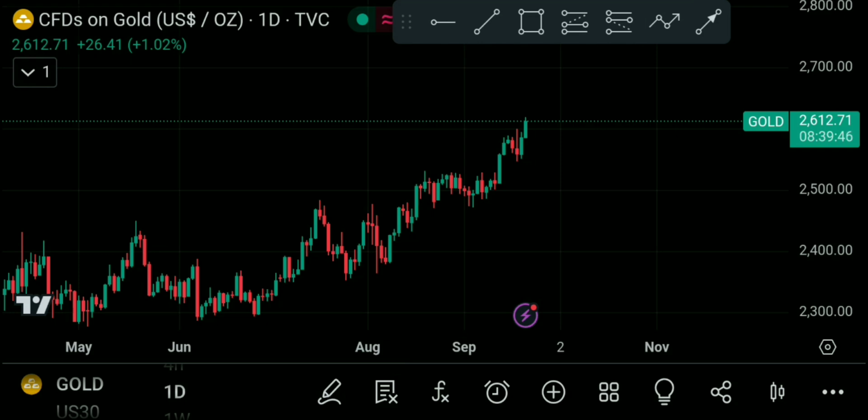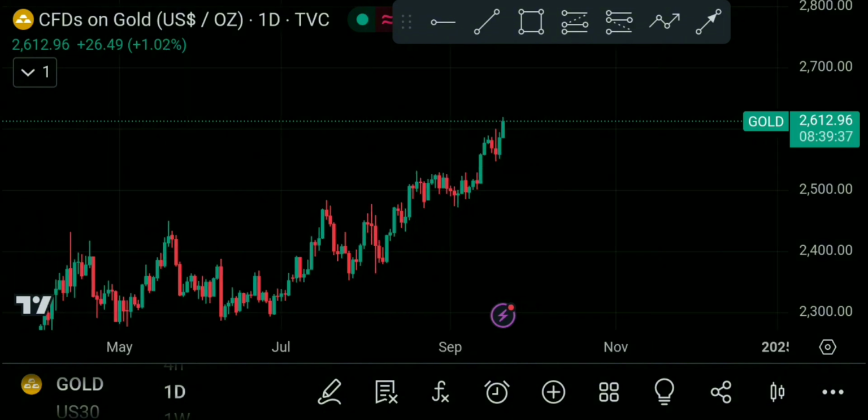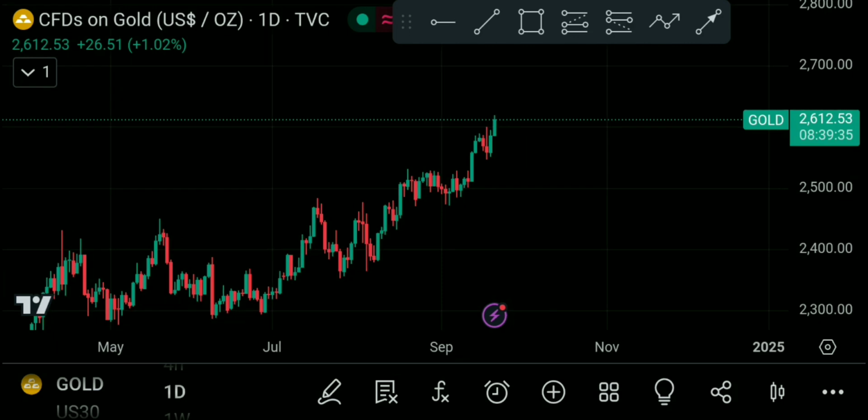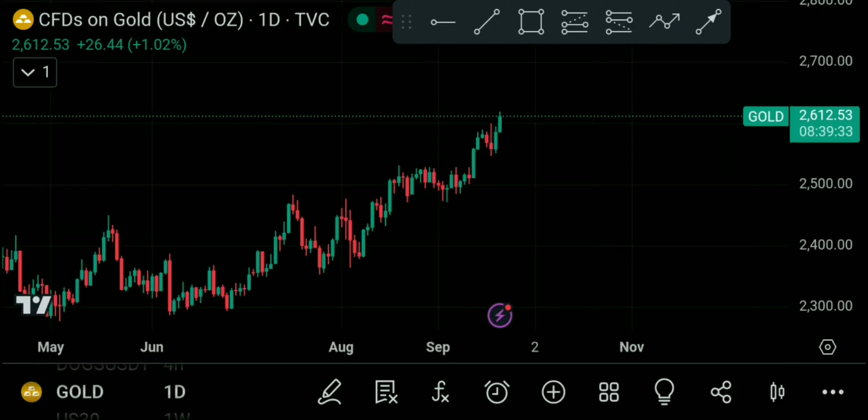So the next thing we'll be looking for now is our key support and resistance using the normal support and resistance. Let's move on to a lower time frame.